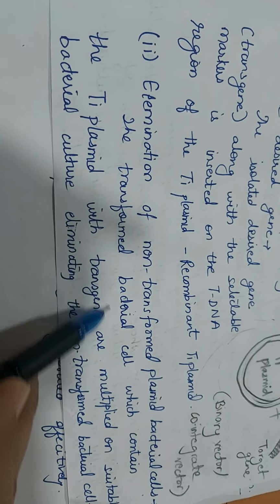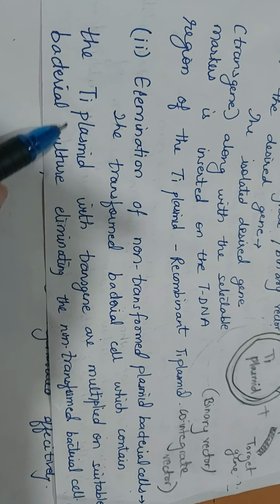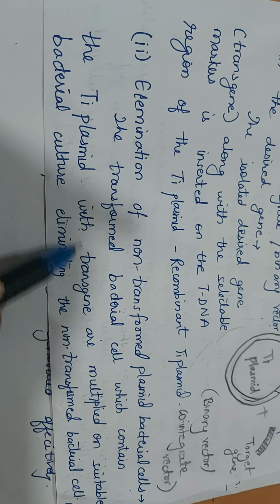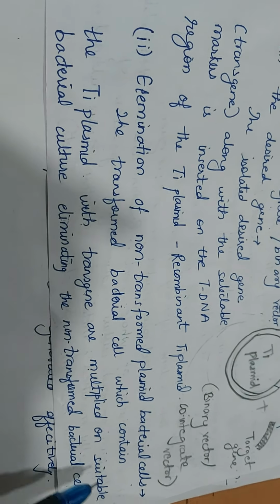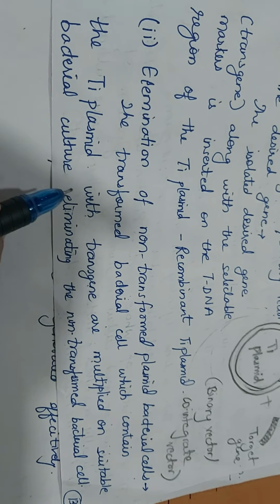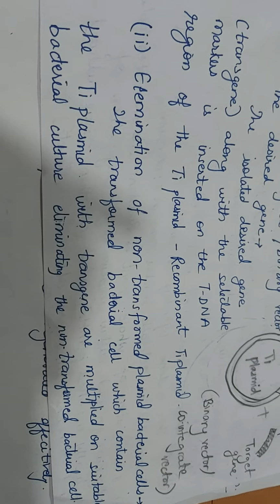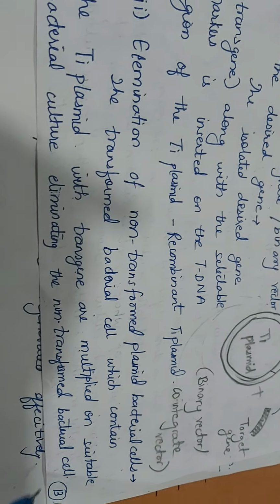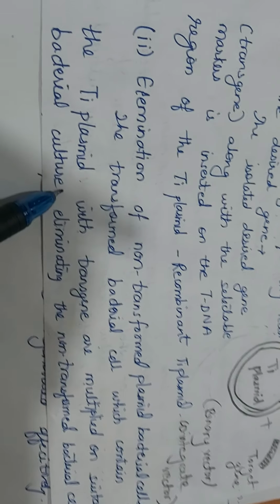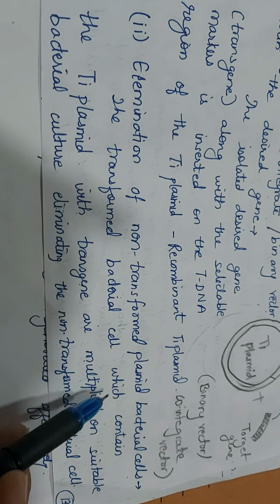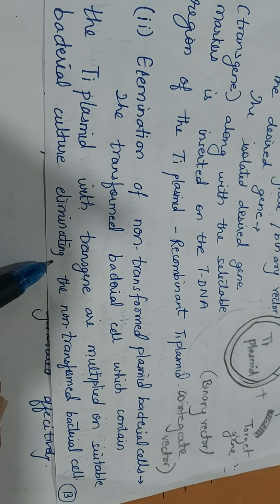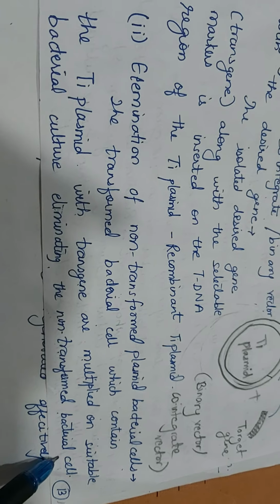The transformed bacterial cells which contain the Ti plasmid with the transgene are multiplied on a selectable bacterial culture, which may contain kanamycin or ampicillin.